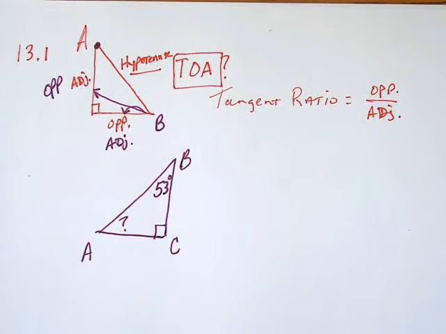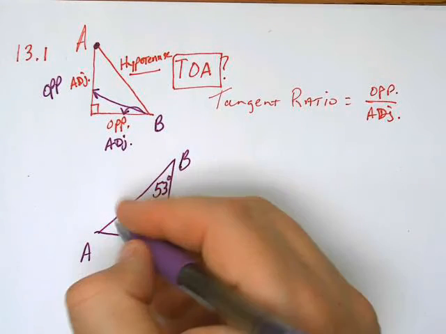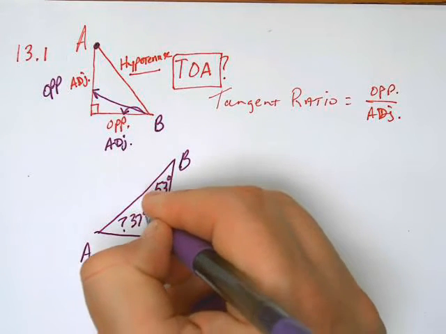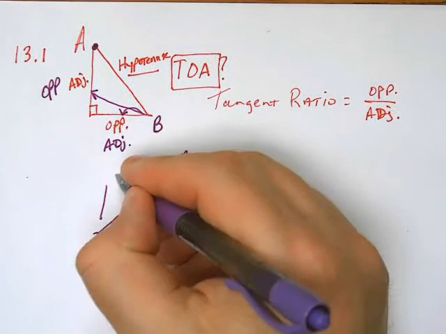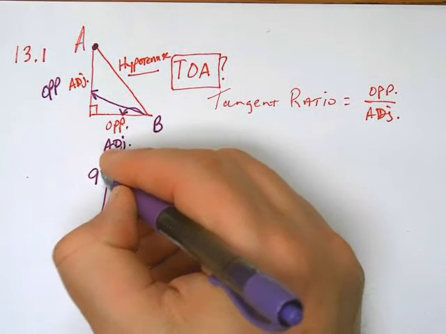Don't grab your calculator. It is 37. Tiana, how'd you do that? Very good. We know that these two angles have to add up to be 90.